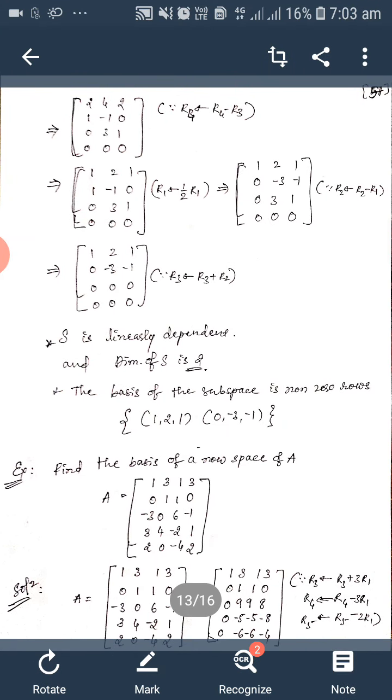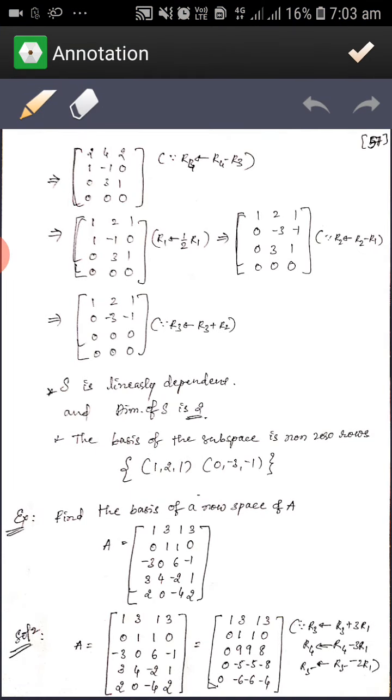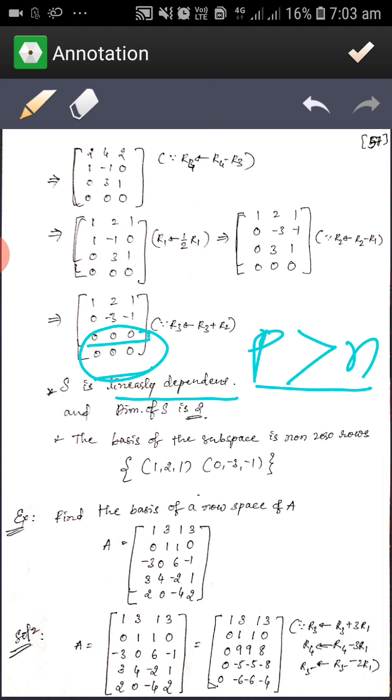Here we can see the third variable is the free variable. By this we can say it is linearly dependent, and we already said that p is greater than n, so that also tells us it is linearly dependent.